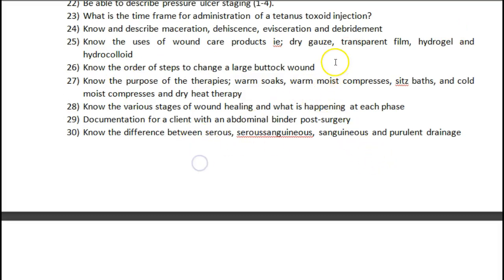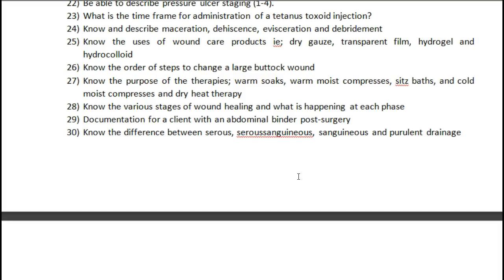When we talk about how to change a large buttock wound, when I say the stages, I'm just telling you guys, you need to consider giving the patient the analgesic. We talked about that. You're going to assess the appearance of the wound. You're going to assess the character of the wound. That includes things like the amount, color, odor, consistency. Then you're going to assess if there are any drains, where they're located.